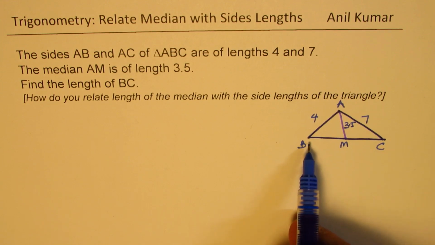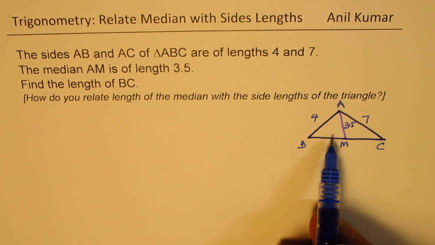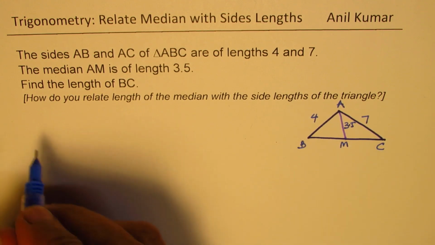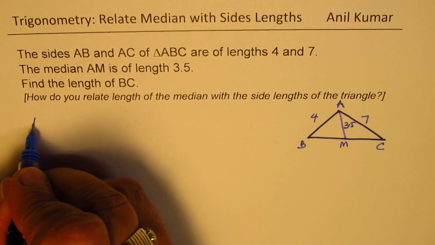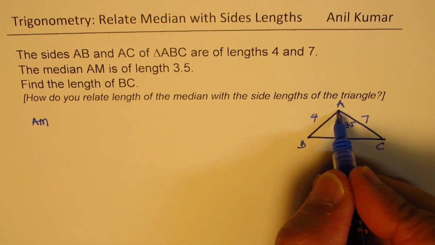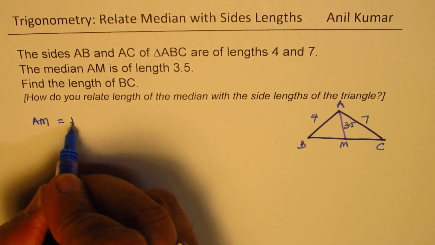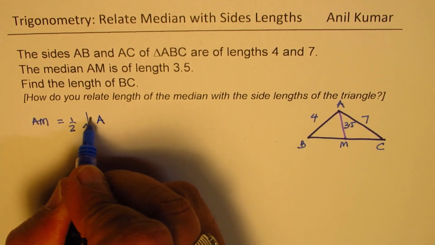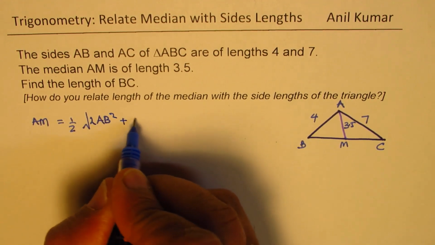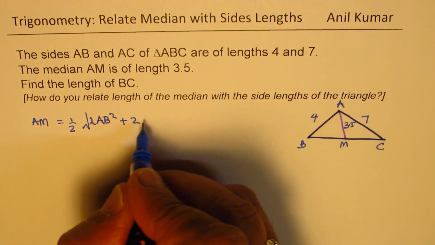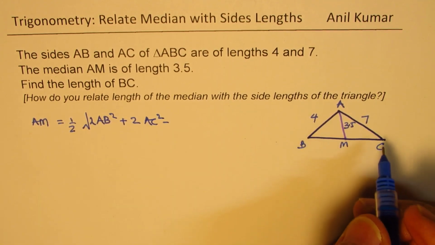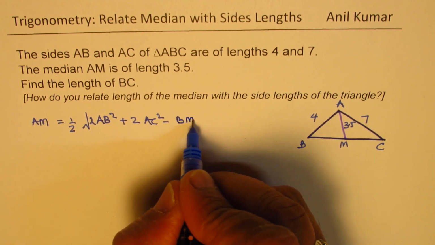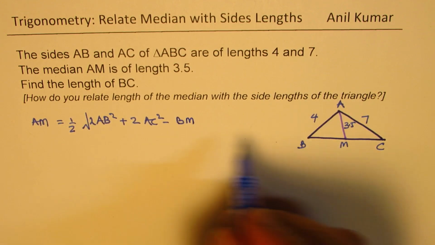So we just derived what B to C is. We can again apply the cosine law and do it if you want to. Since we know the formula now, the median length AM is equal to half of the square root of 2 times AB square plus 2 times AC square minus BC square, sorry, only 1 times BC square.